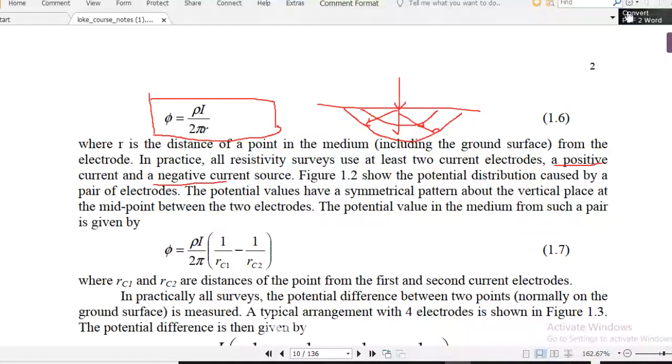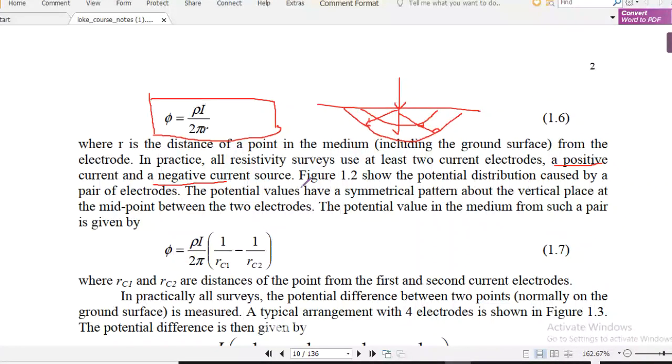As I have said, the potential is equal to rho I over 2 pi r. For the two electrodes C1 and C2, the potential is rho I over 2 pi times (1 over r C1 minus 1 over r C2), because the current of the second is negative, so there is a minus here.